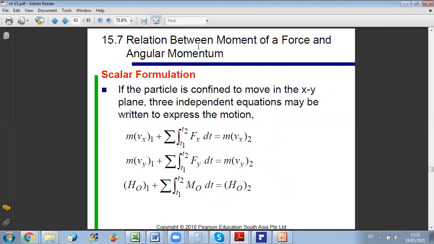And always إذا عم نحكي ب 2D motion يعني in XY, linear impulse and momentum بيعطيكم two equations, وحدة in X وحدة in Y. But the angular momentum بيعطيكم one equation.